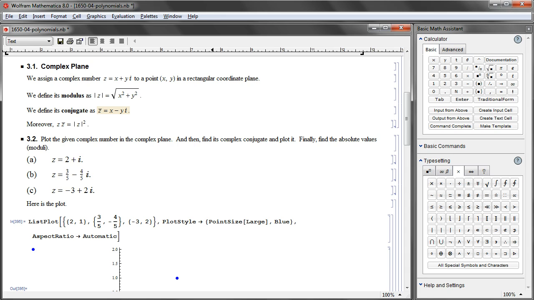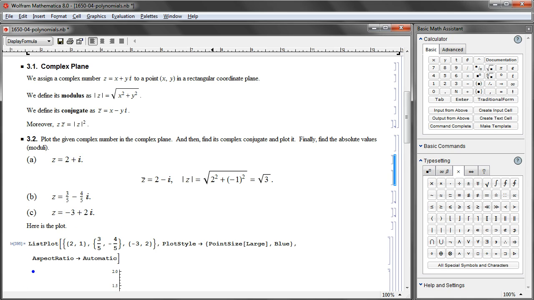Well, we have 3 complex numbers here, so let's find out their conjugates. 2 plus i, well, we have to change this middle sign, right? So the complex conjugate will be 2 minus i. By the way, the notation for complex conjugate is z bar. So z bar is 2 minus i. This plus becomes minus. That's about it.